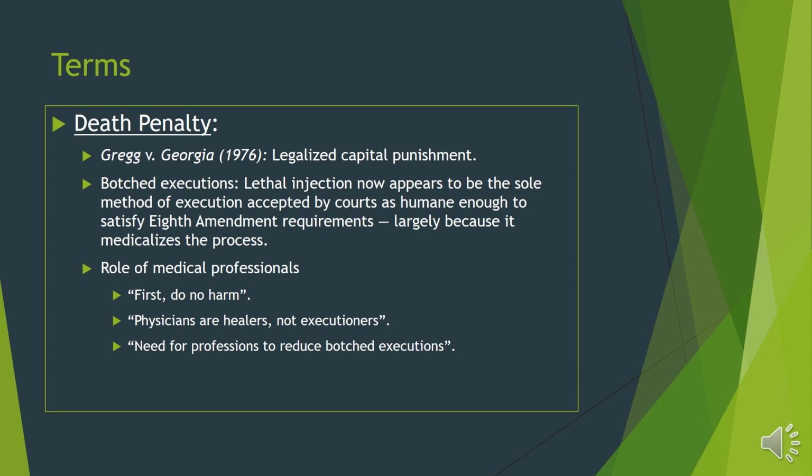Executions resumed about a year later, in 1977, and Gary Gilmore, who was a serial killer, was executed in Utah. He had the right to request a different form of execution. He selected firing squad, and after the death, it was discovered that he didn't die for 2 minutes afterwards, and that it was an ugly and gory way to go, particularly for the victim's family who were watching.